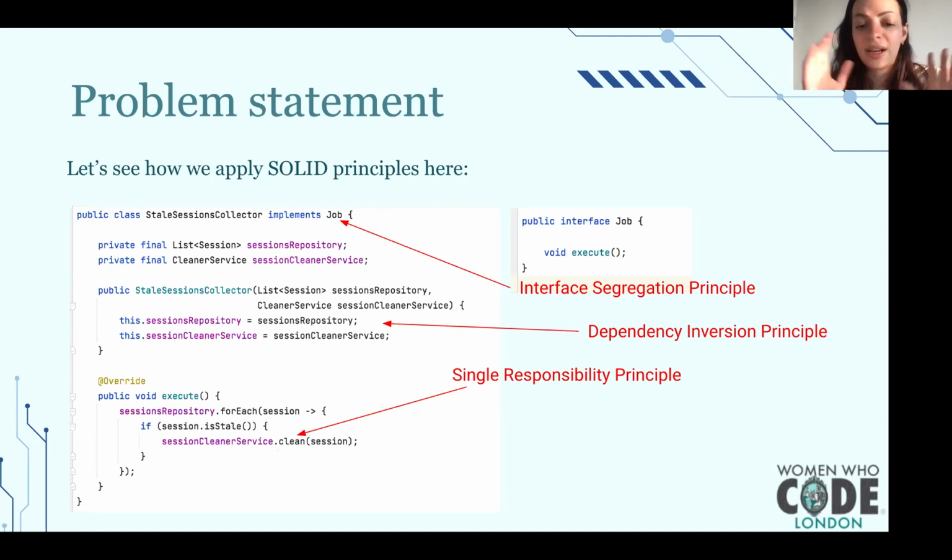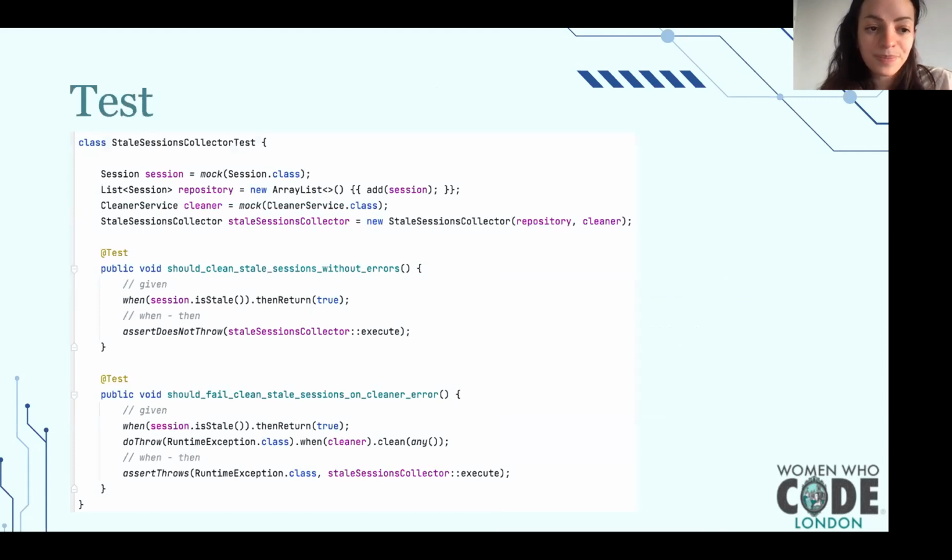This allows our job to be solely responsible for this execution, only for this collection of stale sessions. It's just a stale session collector, it's not a cleaner, so we delegated this. So it's the single responsibility principle.